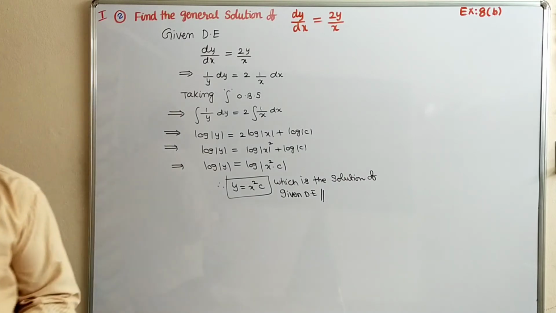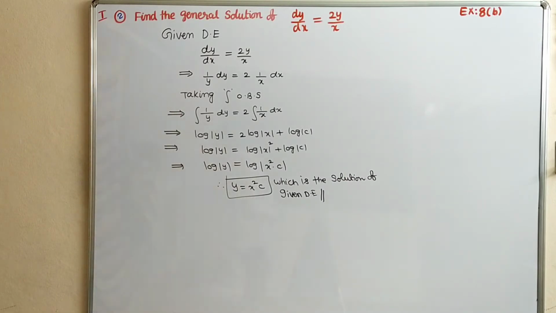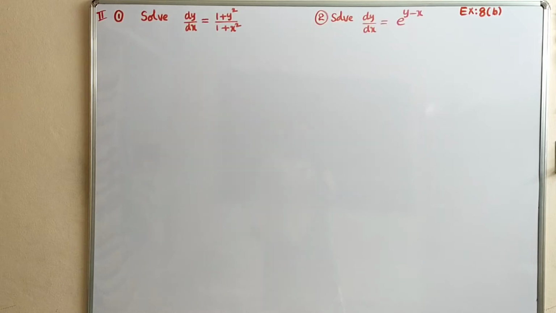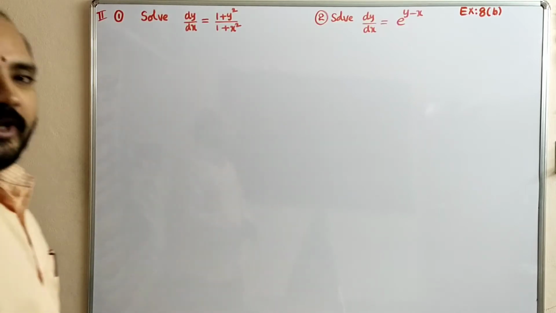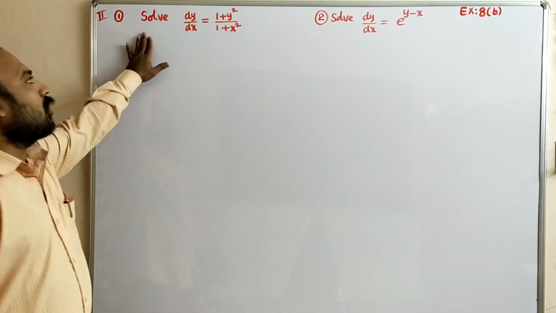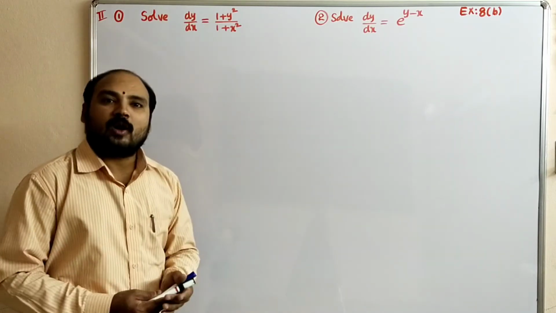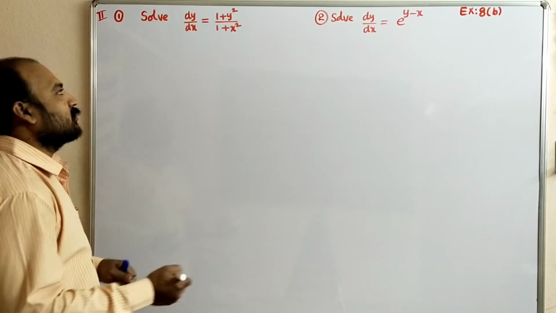We'll move to the next question. The next question. Solve dy by dx equal to 1 plus y square by 1 plus x square.